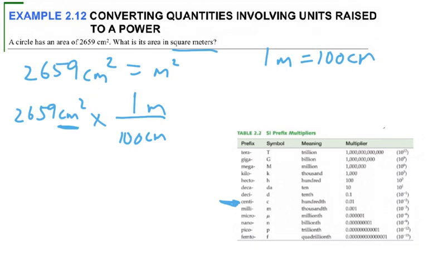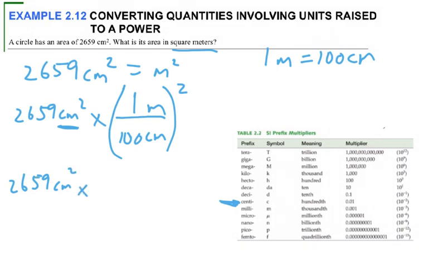Here's the extra step. If you look at the title, it says converting quantities that involve units raised to a power. I'm going to take the entire conversion factor and square it. So here's the given again. That number doesn't change.